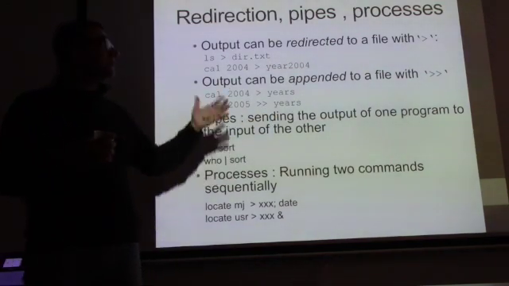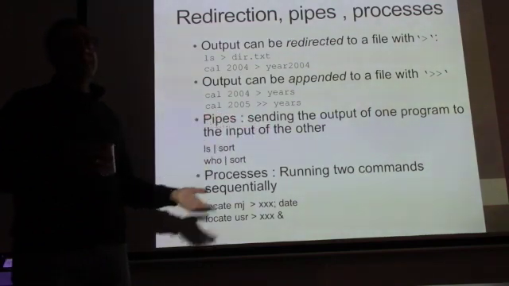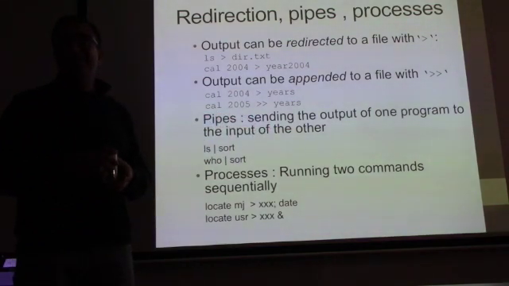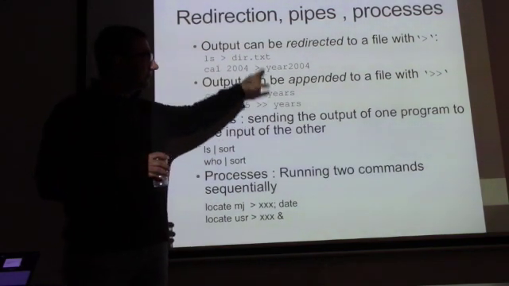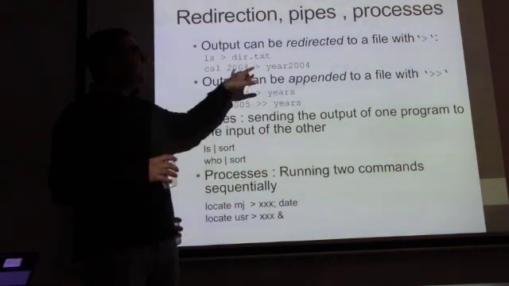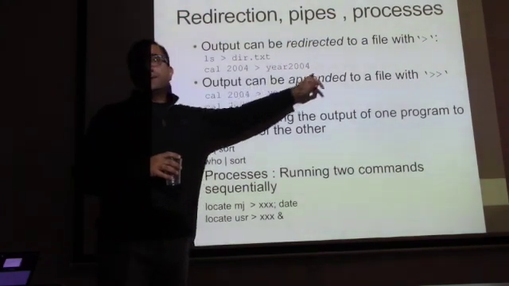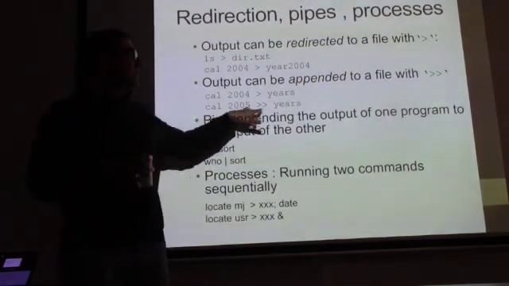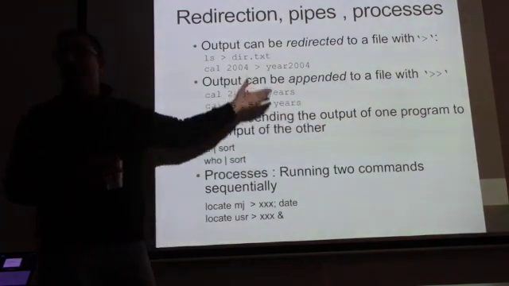And that's the beauty, that you can take any file and look into it as if it's a text file. Yes? Does it have to be consistent? Like if you use .txt and then later you try to append to the same file and you don't put the .txt, what will it do? It'll create a new one. So if you added cal 2004 into year 2004.txt, and then you added cal 2005 to just year 2004, it creates a new file.